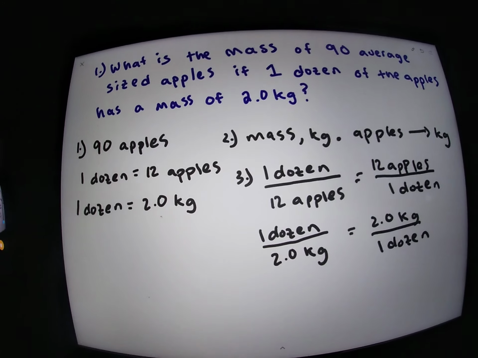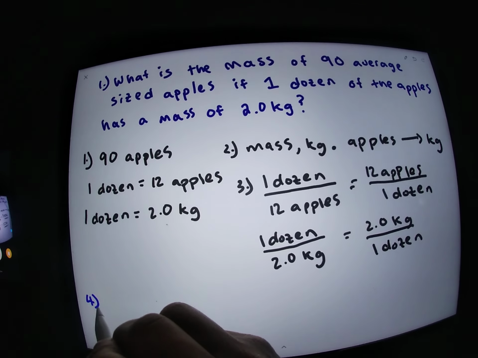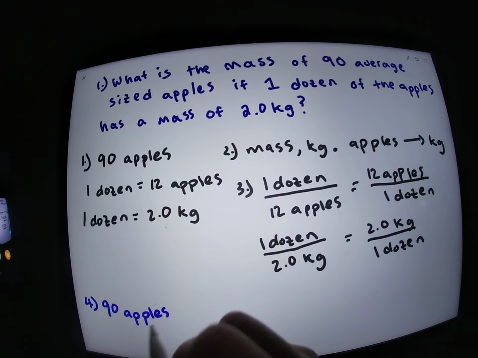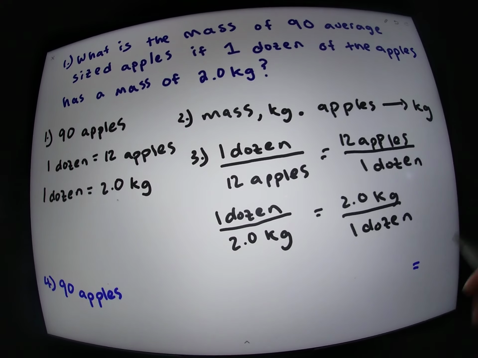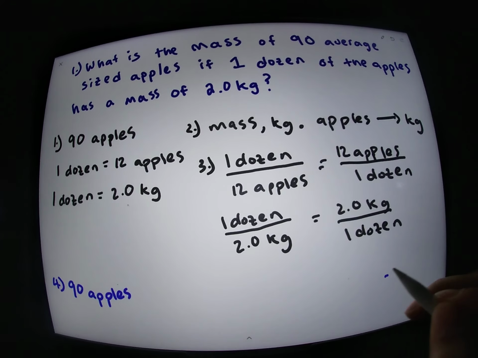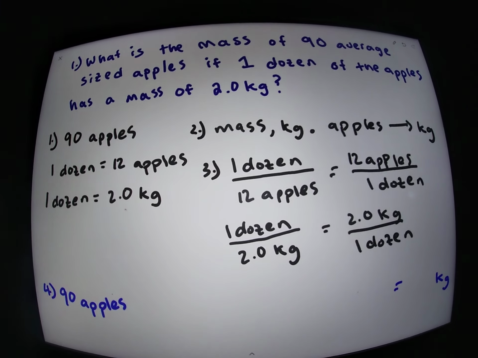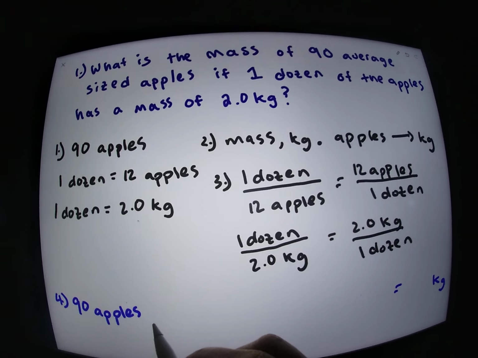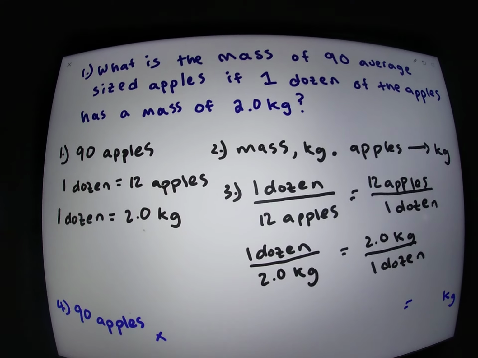We're going to start off with what's given, which is 90 apples, and we want kilograms at the end. That's what we want at the end. We're going to get rid of our apples by converting them into dozens.